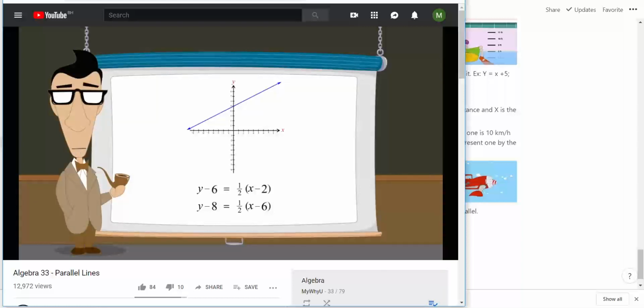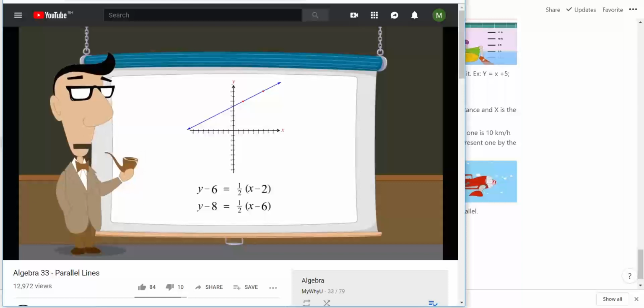This is because the point represented by x1 and y1 in the first equation and the point represented by x1 and y1 in the second equation may fall on the same line. In that case, even though both equations look different, they actually describe the same line.